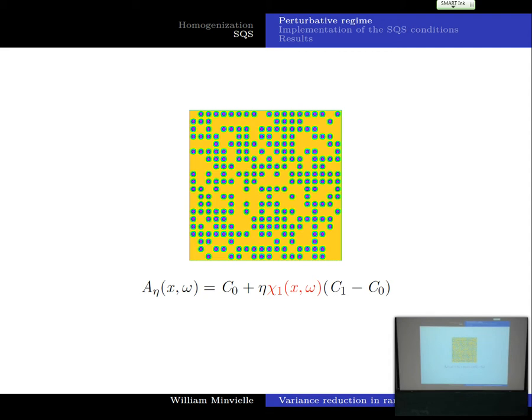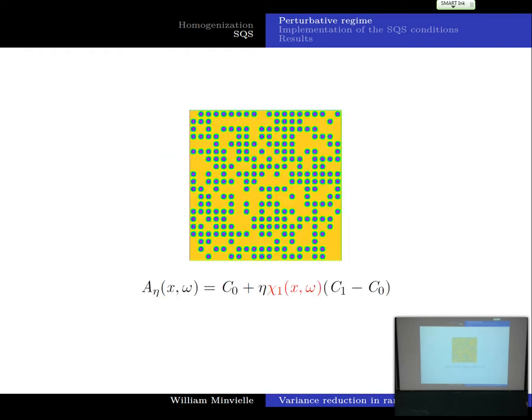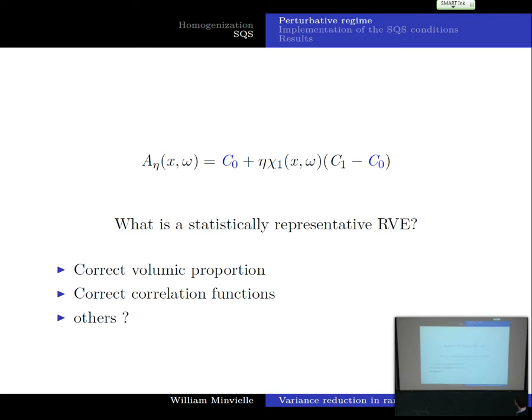This gives me a stationary field, and chi1 stands for the place where I have decided to put the inclusions here. To push the analysis at the end, I will need to have C0, which is a constant, which corresponds here to the fact that the matrix is just a constant matrix. So I've got a coefficient field, which is a constant matrix here, and some periodic matrix here. Okay, so far so good.